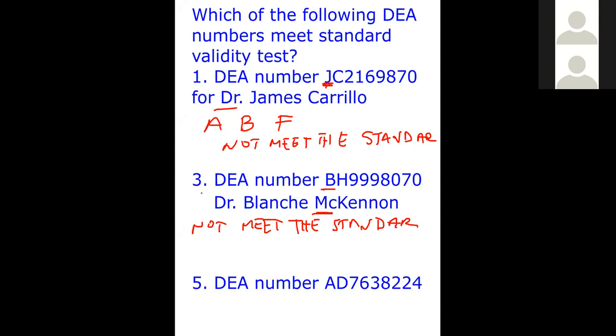And the last name of Dr. Anita is Chan. So that starts with the letter C. And we see again that D is not C. So this does not meet the standard.